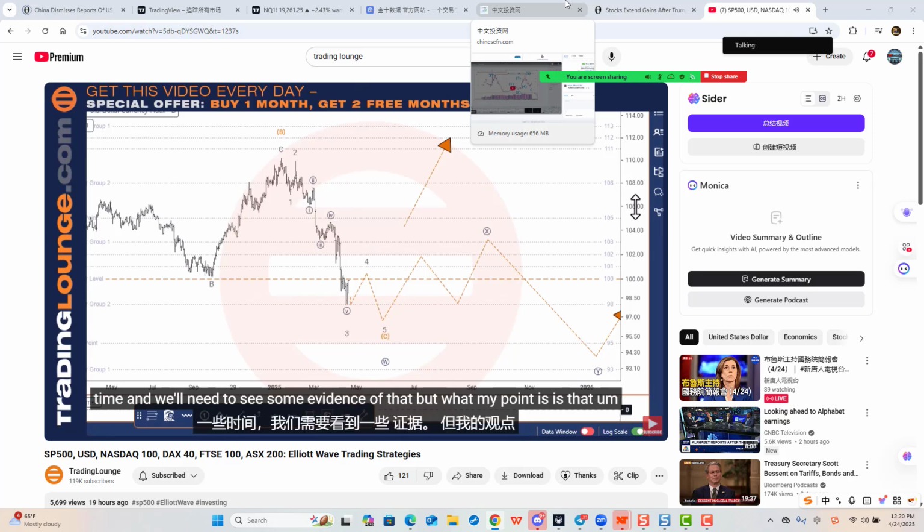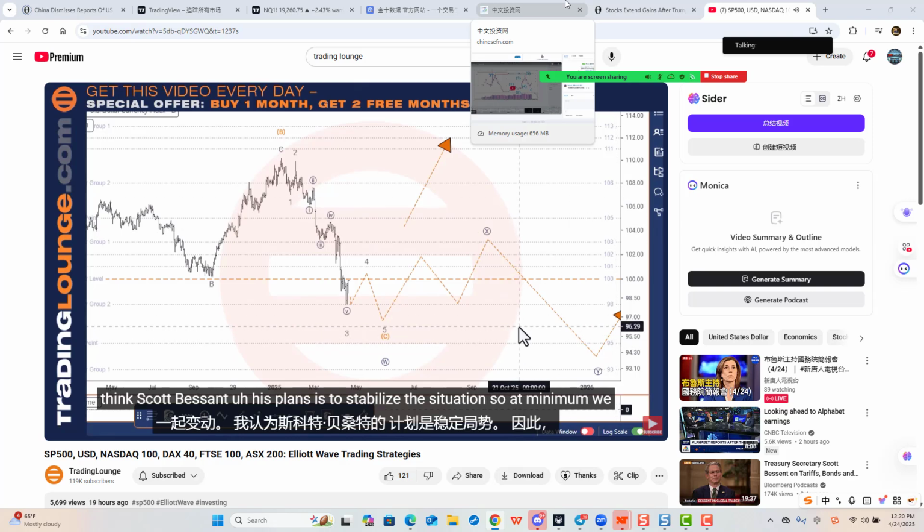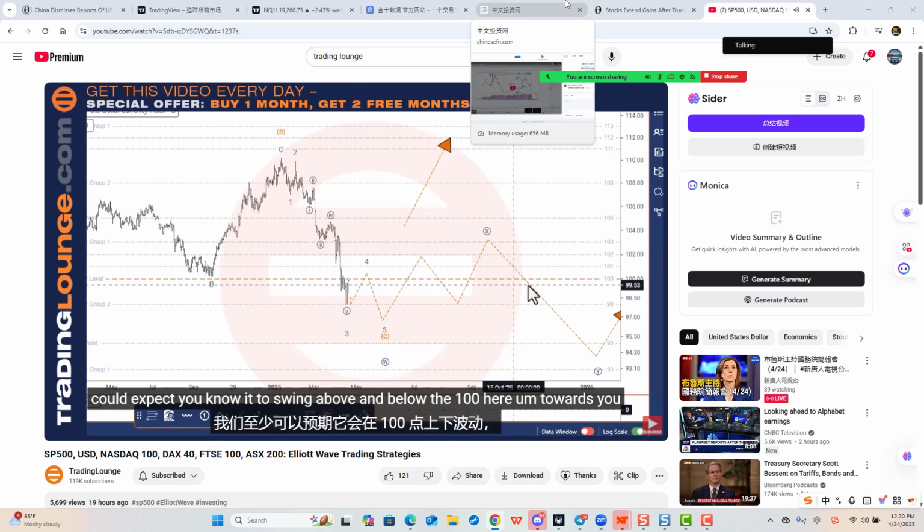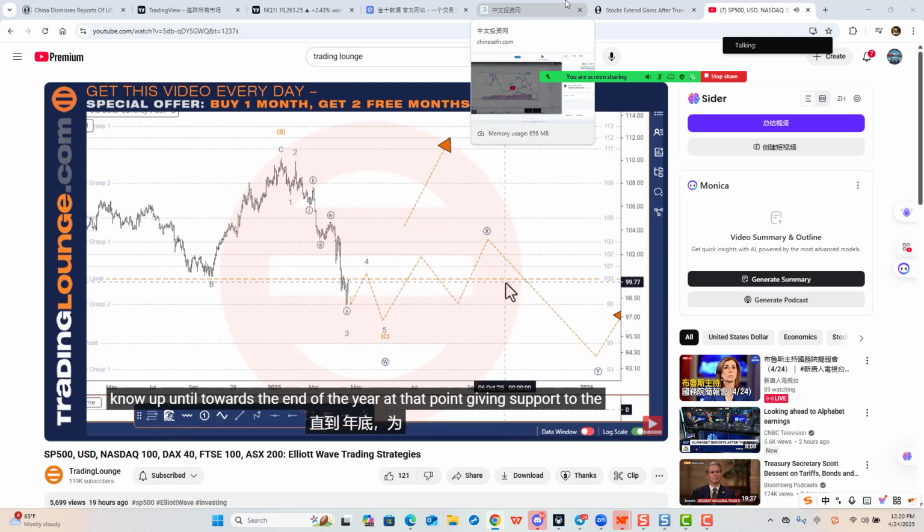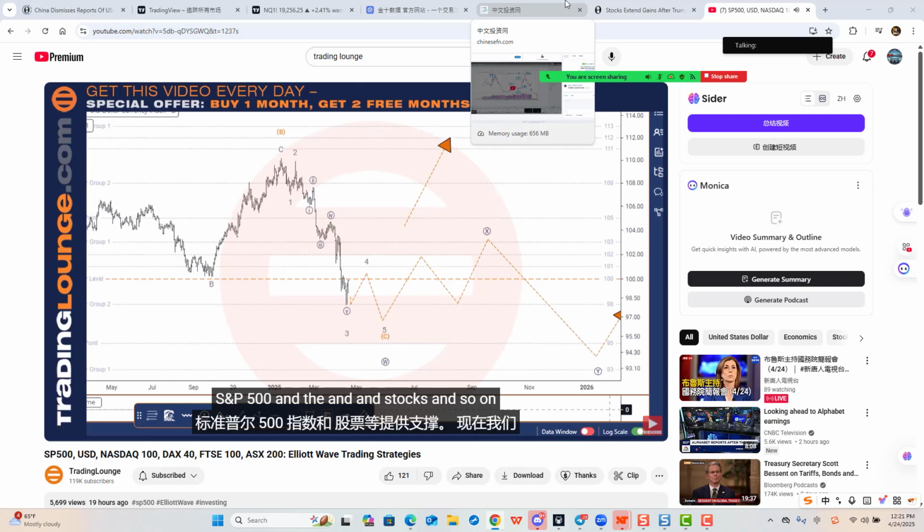But my point is that the dollar and the stock market have moved together. I think Scott Bessent's plan is to stabilize the situation. So at minimum, we could expect it to swing above and below the 100 up until towards the end of the year, giving support to the S&P 500 and stocks and so on.